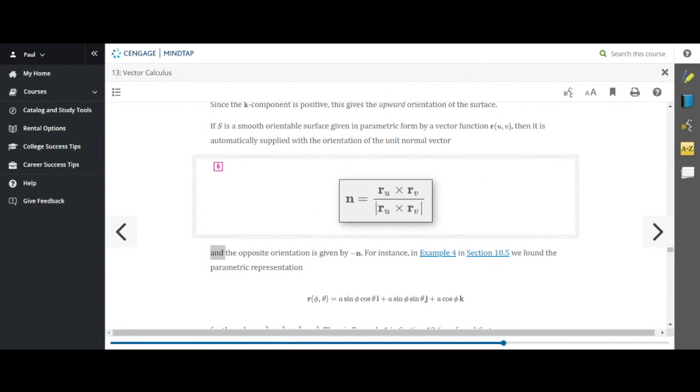We're going to come up with a formula that allows us to compute the flux, and this formula 6 is one of the key formulas we'll use to derive that equation for flux. Whenever I do a surface integral problem, I always use the parameterization approach.